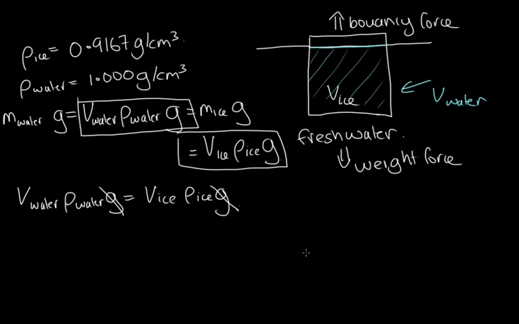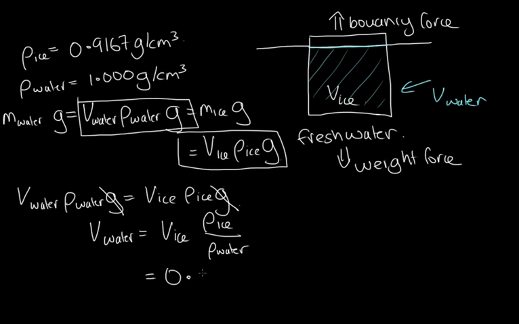And so what we wanted to work out was what fraction of the iceberg is underwater. So the volume found underwater is equal to the volume of the ice block times the density of the ice block divided by the density of water. So the density of the ice block is 0.9167 divided by the density of water, which is 1.